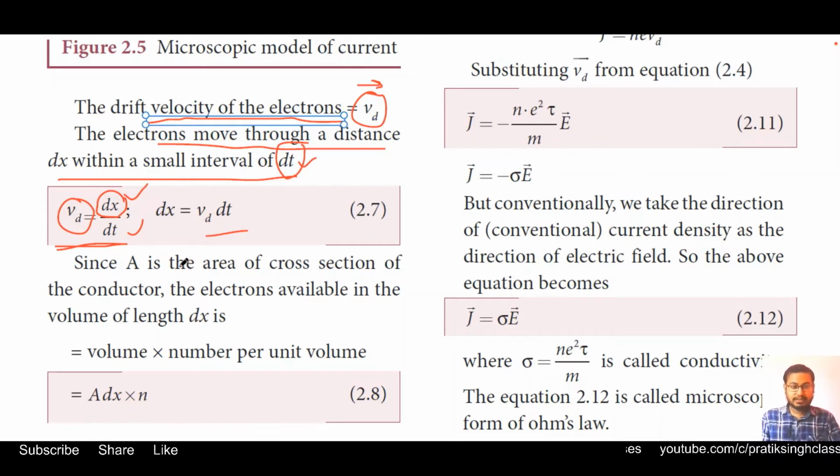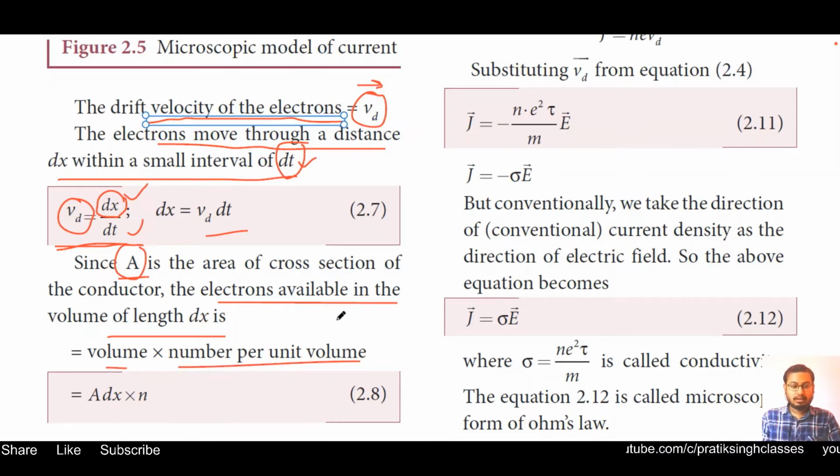Now see here, the area of cross section of the given region is A. Both the regions have the same cross section area of the conductor. The number of electrons in the volume of length dx is given by volume into number per unit volume.